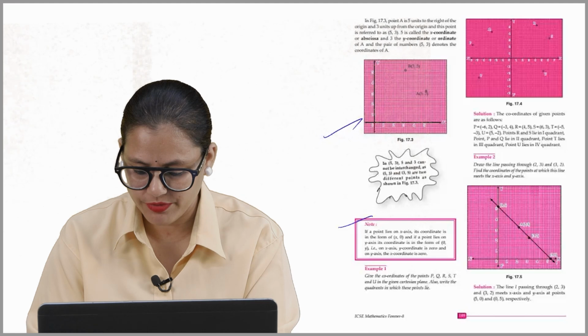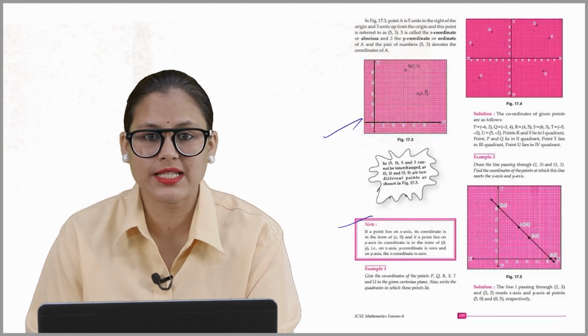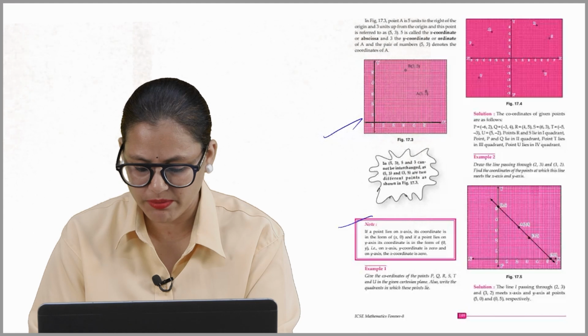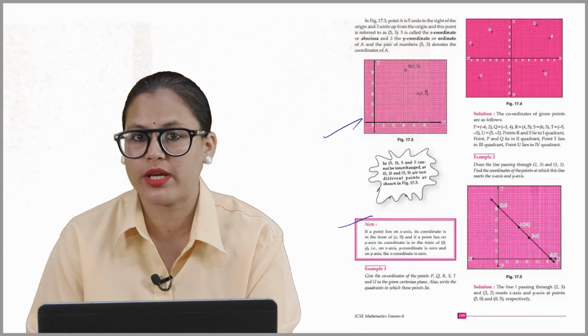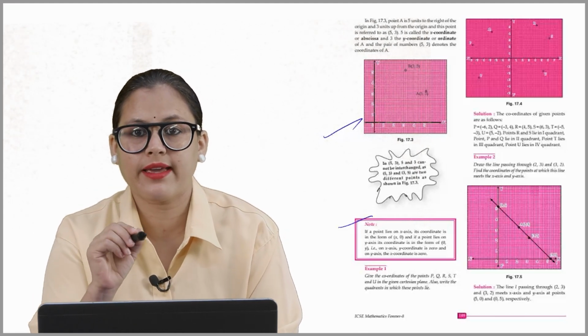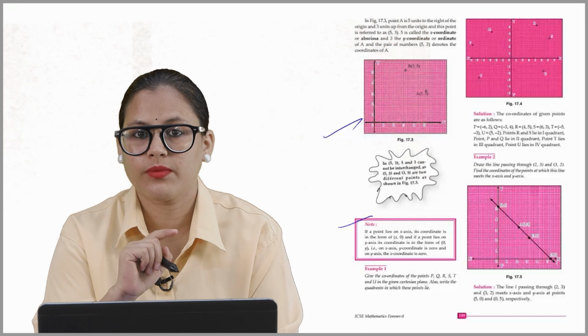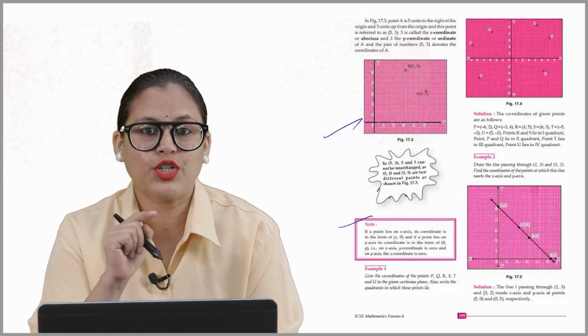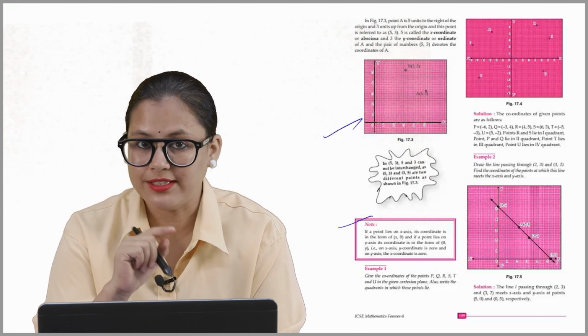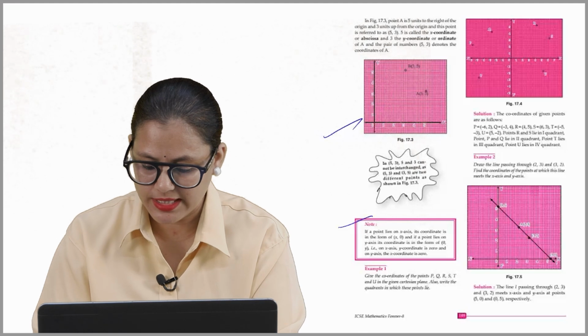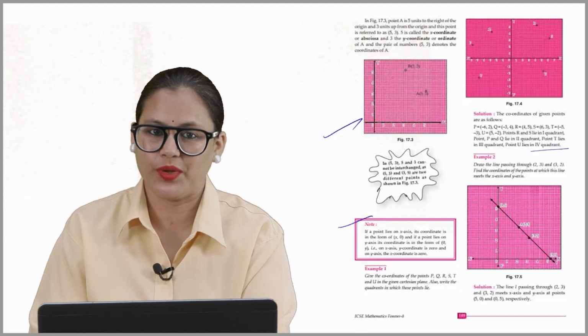R is (4, 5). S is (6, 3), T is (-5, -3), U is (5, -2). So points R and S lie in the first quadrant, points P and Q lie in the second quadrant, point T lies in the third quadrant, and point U, as you can see, lies in the fourth quadrant. Okay.